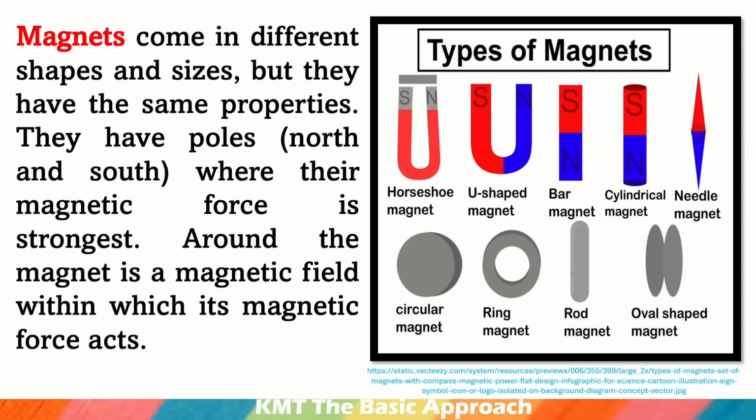Magnets come in different shapes and sizes, but they have the same properties. They have poles, north and south, where their magnetic force is strongest. Around the magnet is a magnetic field within which its magnetic force acts.